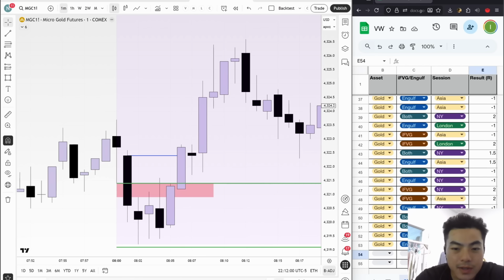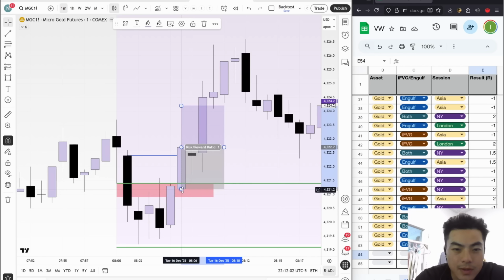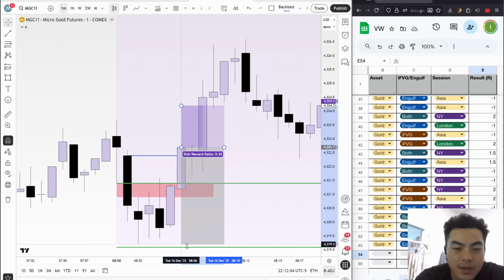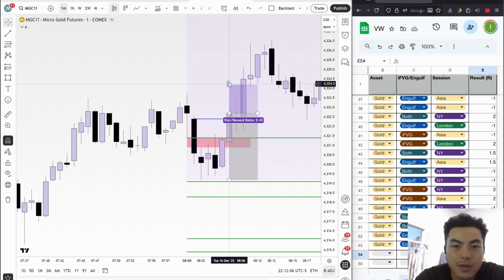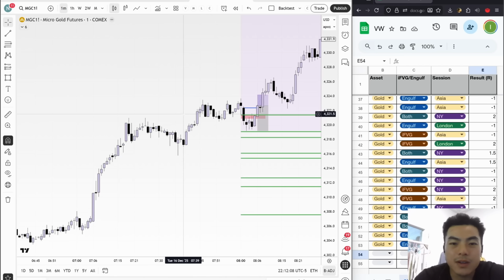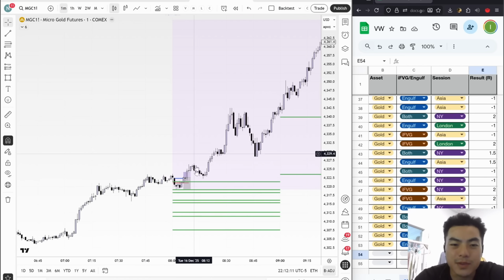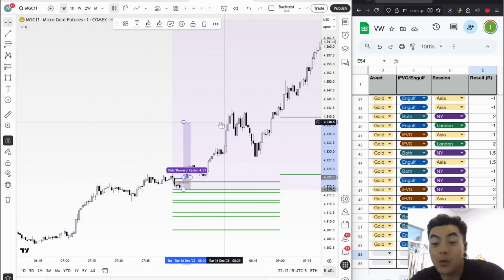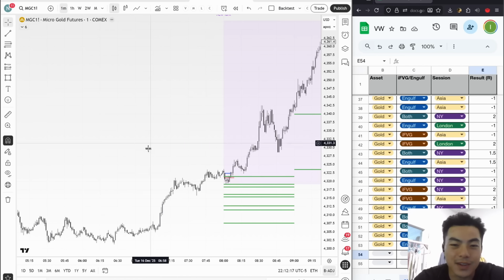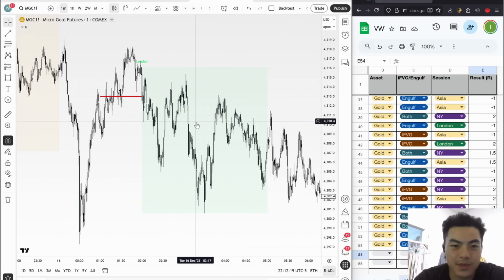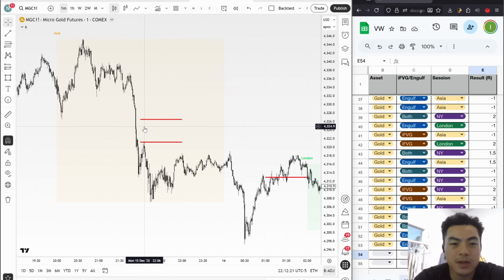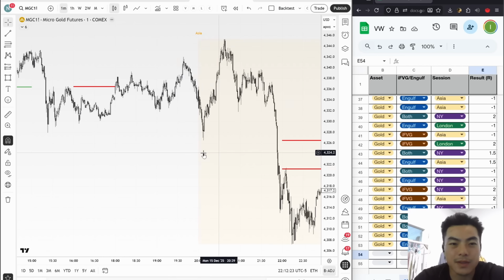That's your entry. Stop there. No drawn liquidity though. So even though it does end up running a ton, I would not take this because there is no clear target. So move on. Nothing there. Nothing there.